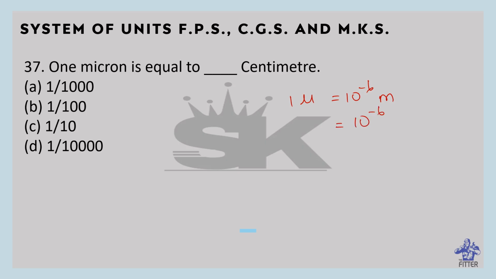So we're converting into centimeters. For 1 meter, 100 centimeters, right? So 1 by 10 to the power of 4, that equals 1 by 10,000 centimeter. So here the answer is option D.